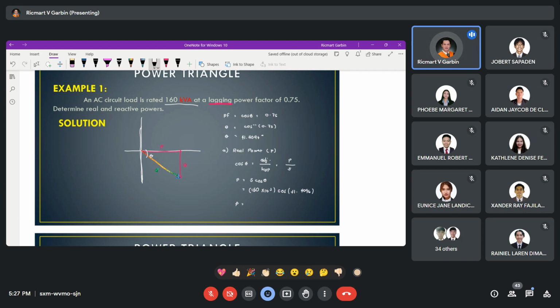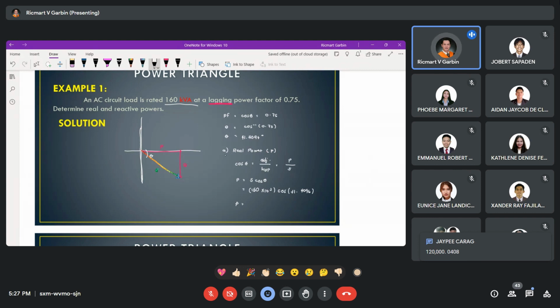So our power is equivalent to... ano magiging value ng ating real power? So anong value ng real power natin?